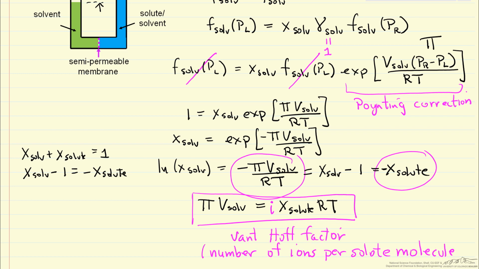So for example, if we had sodium chloride and it completely dissociates, then this Van't Hoff factor would be 2. And to give you a physical feeling for the osmotic pressure, if we look at seawater, the osmotic pressure is about 28 bar. So that's a fairly high value, and that's a 3.5% concentration of salt in seawater.